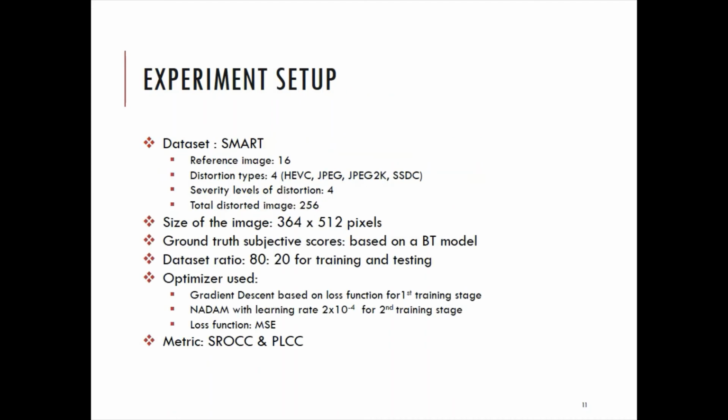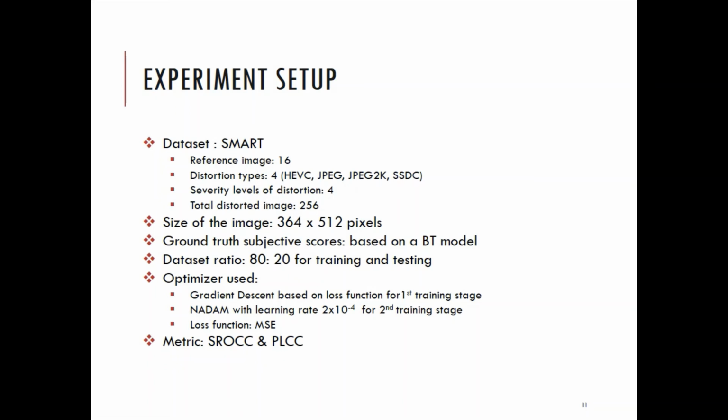In this slide, I would like to mention the steps that we followed to set up our experiment. The dataset that we consider is the SMART dataset, which is a publicly available dataset. It has 16 reference images. The 4 different types of distortions adopted in the dataset are HEVC, JPEG, JPEG 2000 and SSTC.